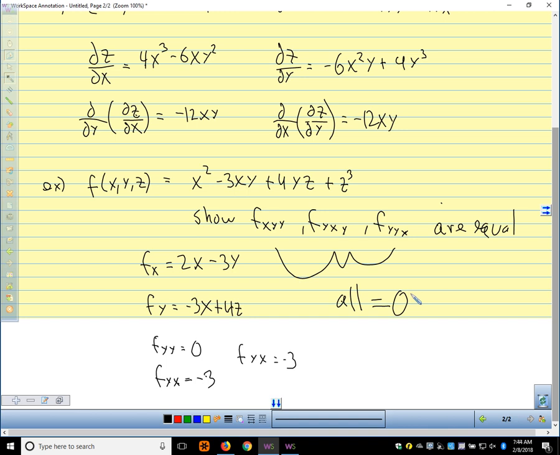It would be equal no matter how many you did, as long as they're mixed, and whatever combination of the 3. There has to be 3. Right.